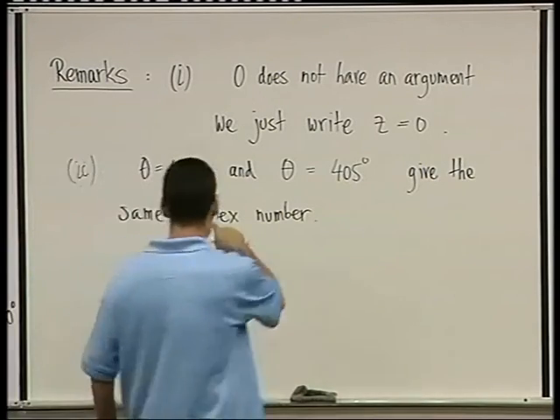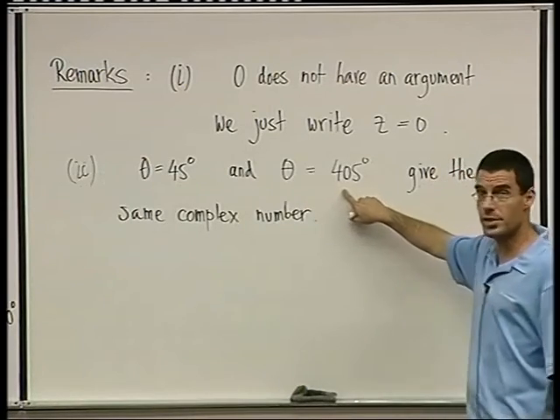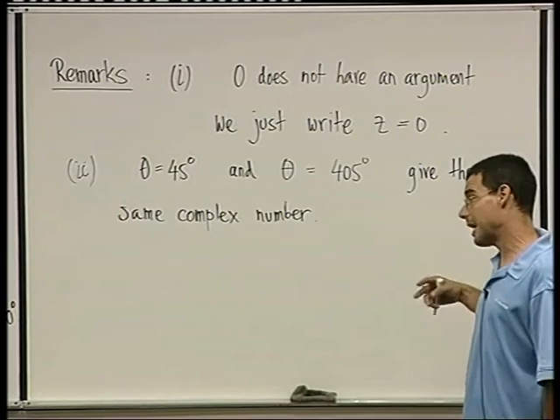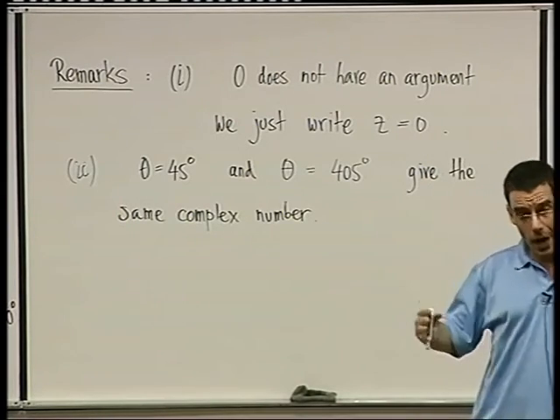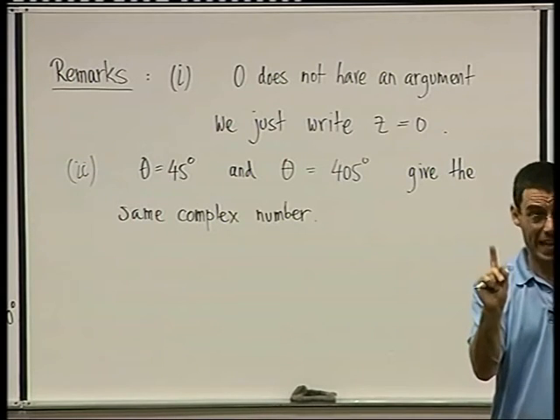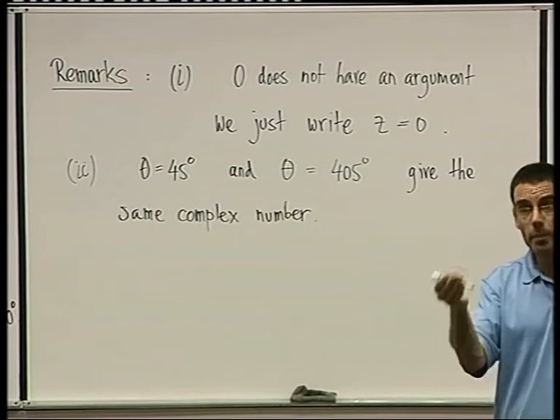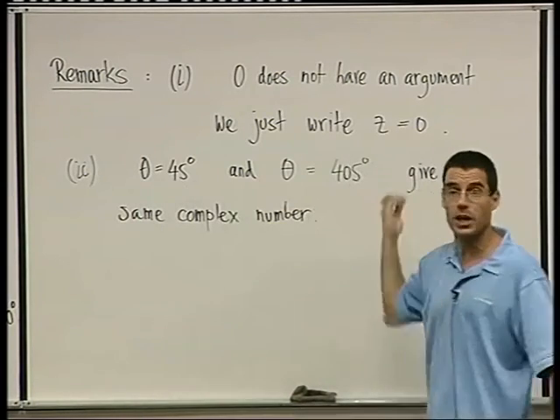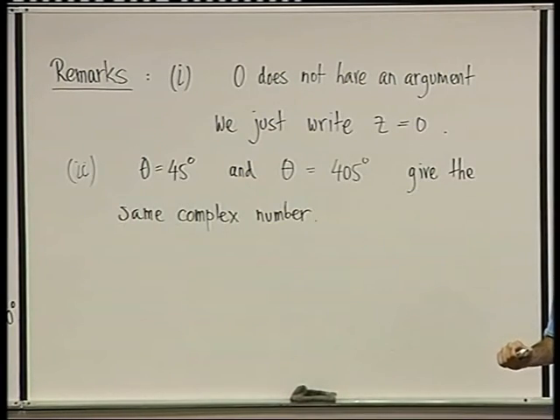Given a number, you can call this its argument, or you can call this its argument, and both will be correct. So the way around this, there are actually two approaches. One is to define the argument not as a single angle, but as a set of all possible angles that in fact prescribe the same location on the plane.